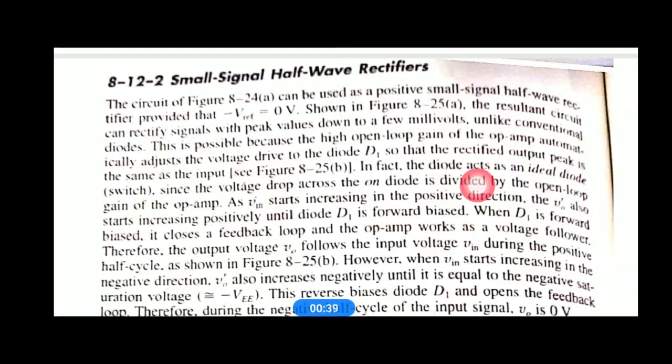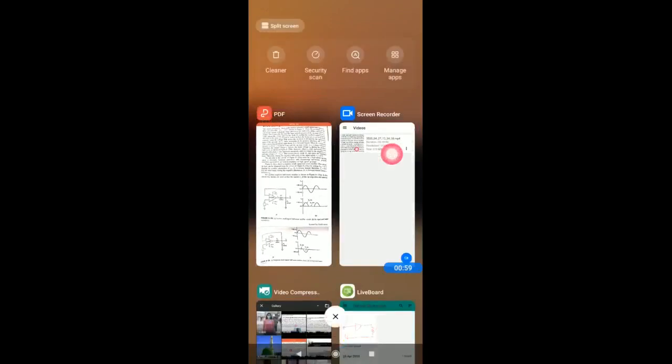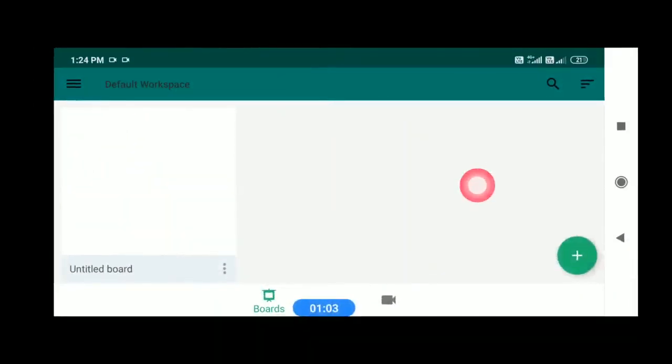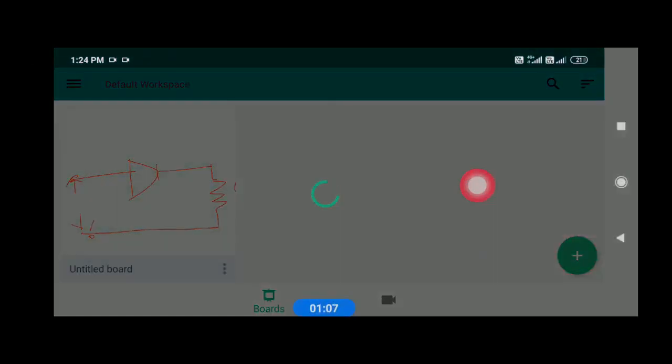As we know, the diode we are using for rectification operation, we already learned and studied the diodes which we utilize for half wave rectification.